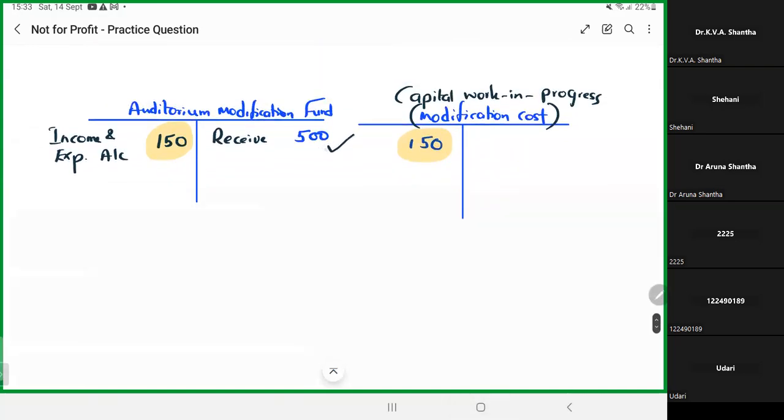First, it's credited to the fund account, then expenses are incurred, and an amount equal to the expense incurred, you take from the fund to the income. So this is not compulsory. There is no standard for that. But this is one practice.